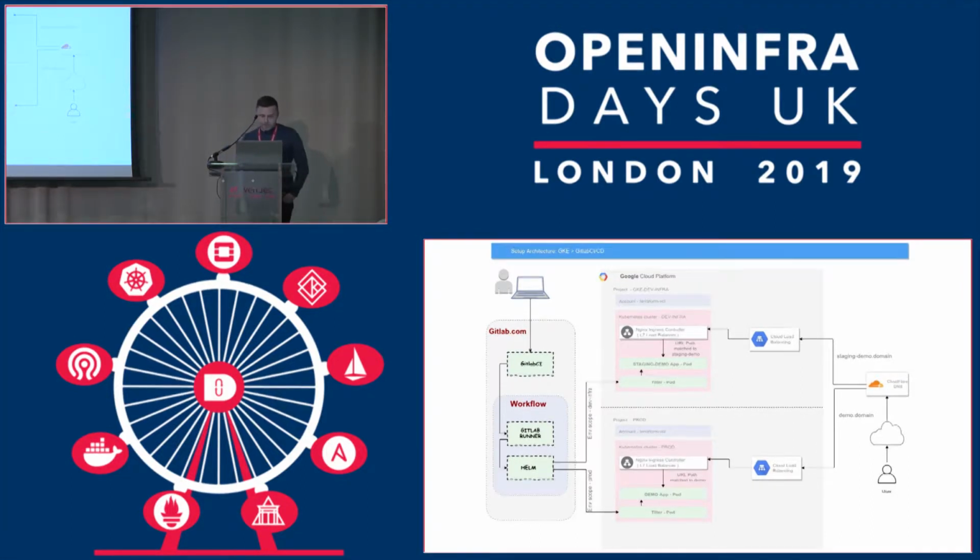So this is the setup architecture. We are using Google Cloud Platform, and we want to have multiple environments. The best practice is to keep your environments separate in different projects. And yeah, we will have a DevInfra project for our development, and a dedicated production project for our production.